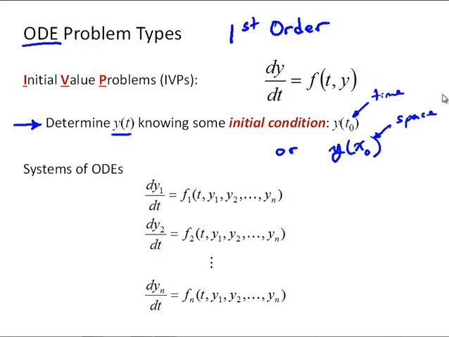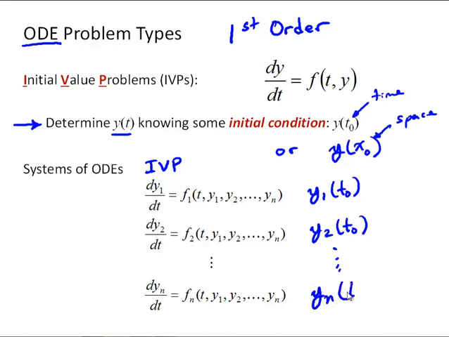We could also have an initial value problem with a system of ODEs, and here we would have y1 at t0 as an initial condition, y2 at t0, down to yn at t0 as an initial condition. Systems of ODEs commonly arise in vibration models and also chemical reaction models.